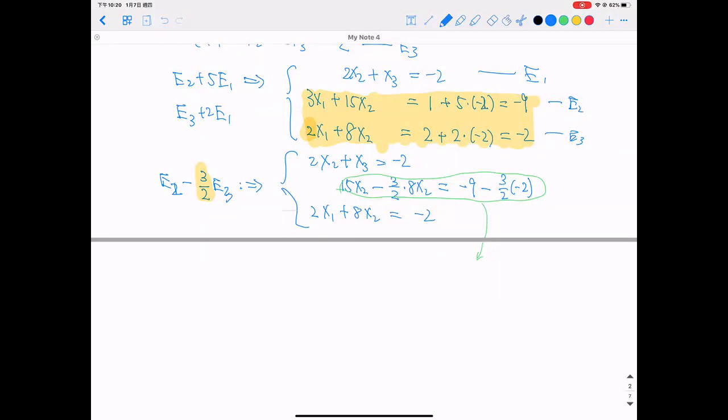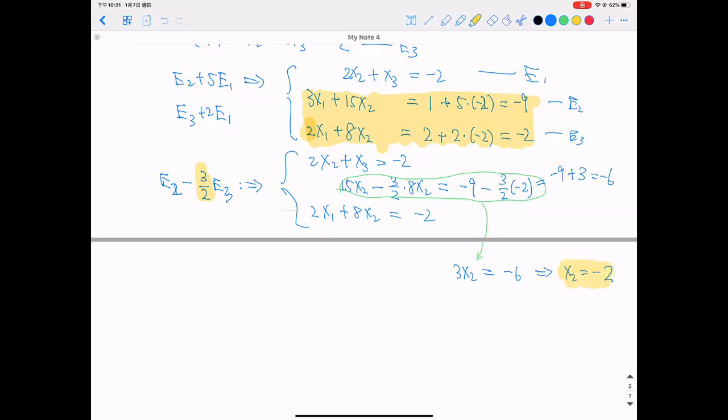This is 4 times 3, that's 12. 15 minus 12, that's 3. 3x2 equals, this is negative 9 minus negative 3, so it's plus 3. So that's negative 6. Okay, so the second equation now becomes 3x2 equals minus 6, which tells us x2 is what? Minus 2.